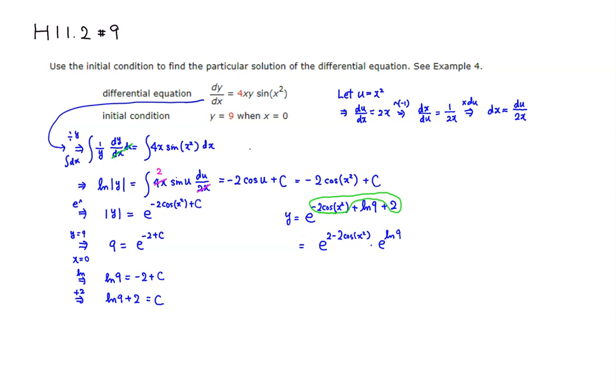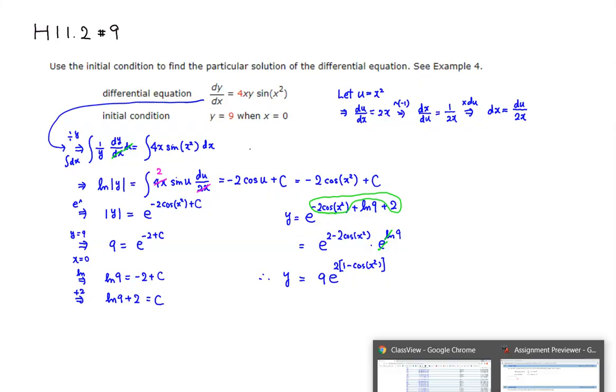But e to the natural log of 9 is a long way of saying 9. So this is 9 times e to the, if you want both to have 2, I can put 2 outside, 2 times 1 minus cosine of x squared. So this is the solution that we are looking for.